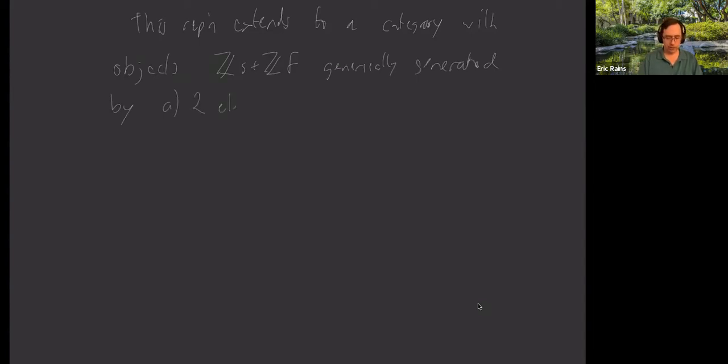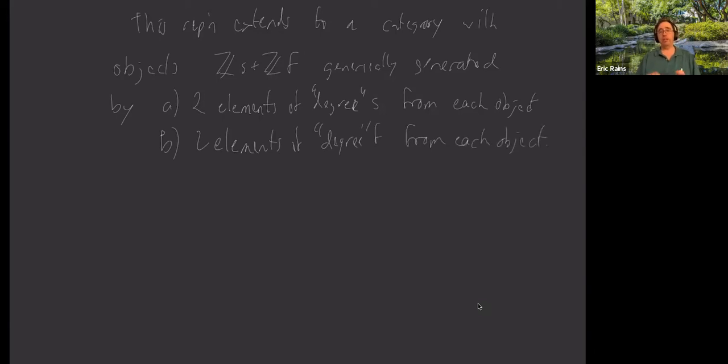So it has two elements of degree S, sorry, put the scare quotes in the right place, from each object, and two elements of degree F from each object.